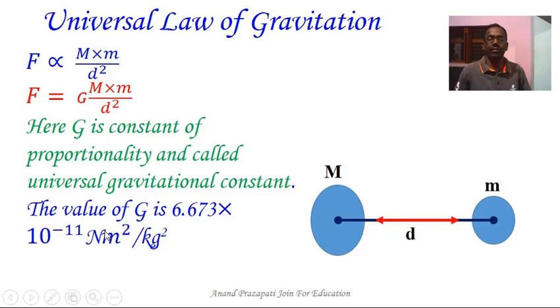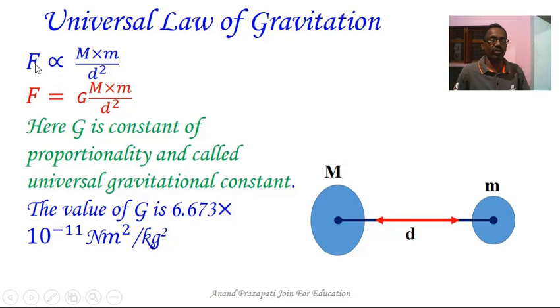So these are the simple details about the concept of gravitation and the universal law of gravitation. The universal law of gravitation is useful to solve problems to find the gravitational force between two bodies when the masses of the bodies and the distance between them are given.